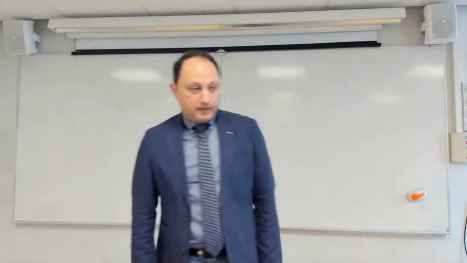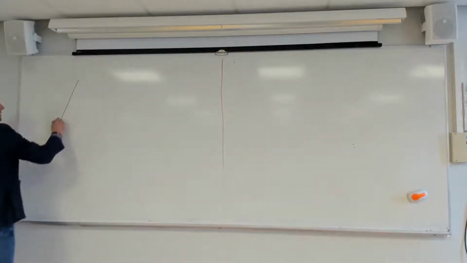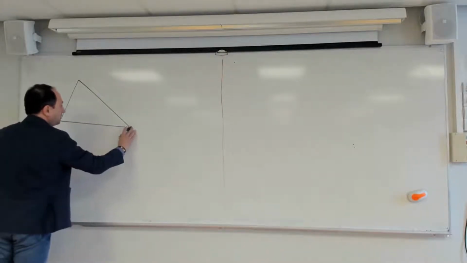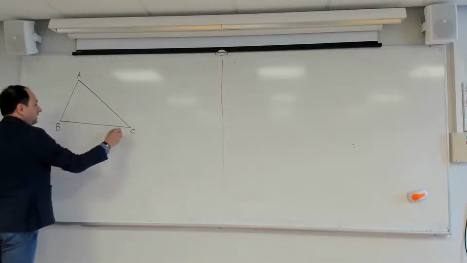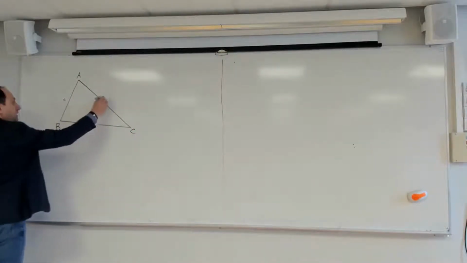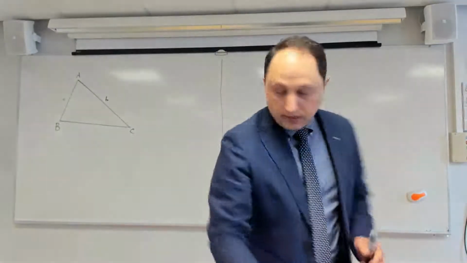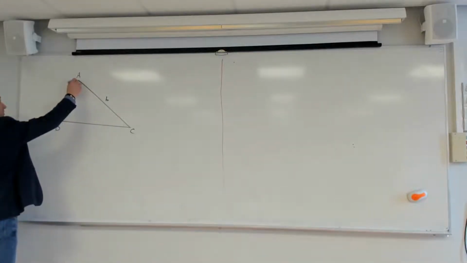Okay, so let me review what we learned last time, about this bisector theorem. If I have a triangle, let me call it ABC, and then let me denote this by little c and this little b. And then I draw the bisector of the triangle, for example, let us consider this bisector, that bisects the angle A into two equal pieces.